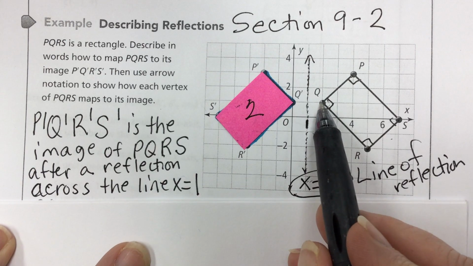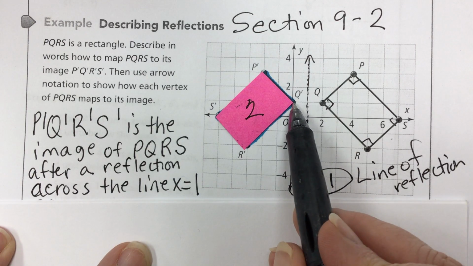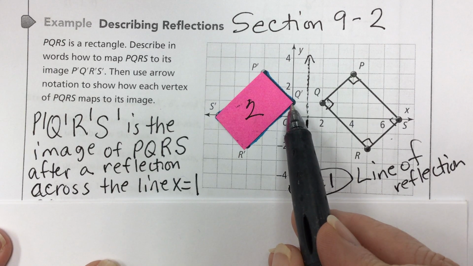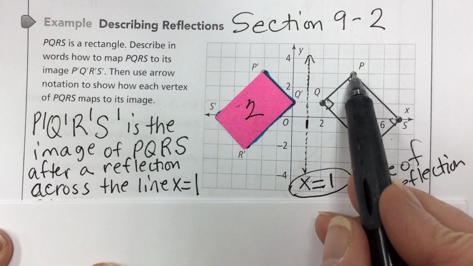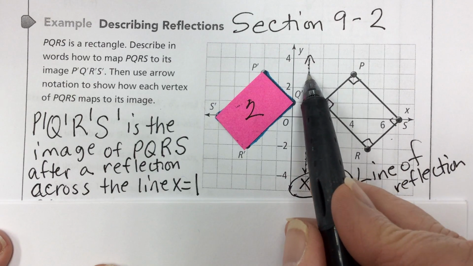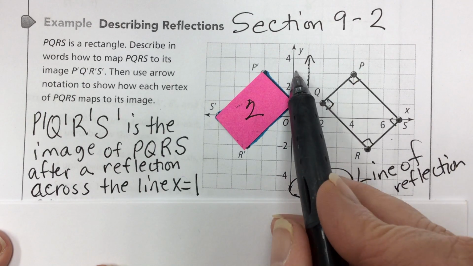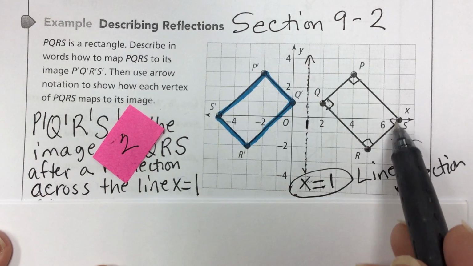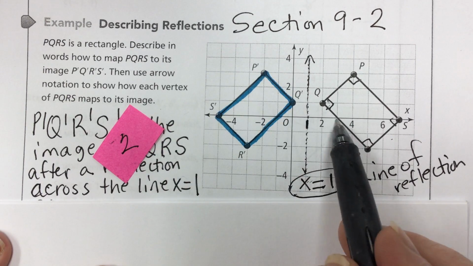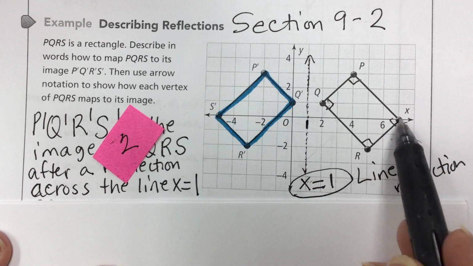So let's look. Q is 1 unit to the right. Q prime is 1 unit to the left of the line of reflection. Think of P. Here's P and here's P prime. P is 1, 2, 3 to the right. P prime is 1, 2, 3 to the left. Looking at S from this line, it's 1, 2, 3, 4, 5, 6 to the right.